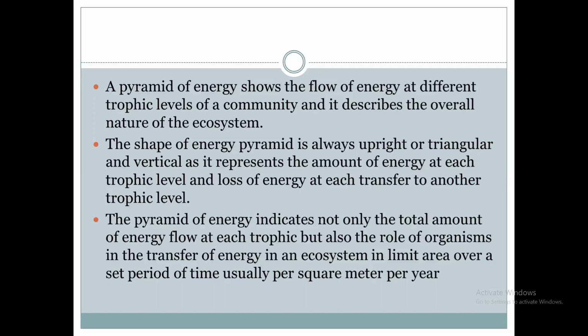The shape of the energy pyramid is always upright, triangular and vertical. Energy is transmitted from one trophic level to another.